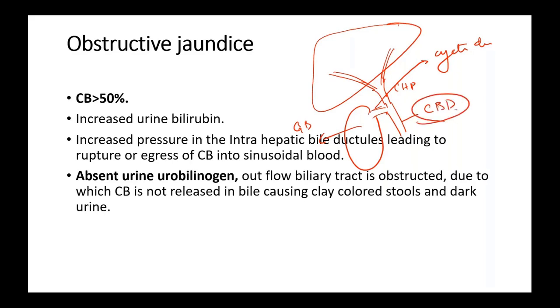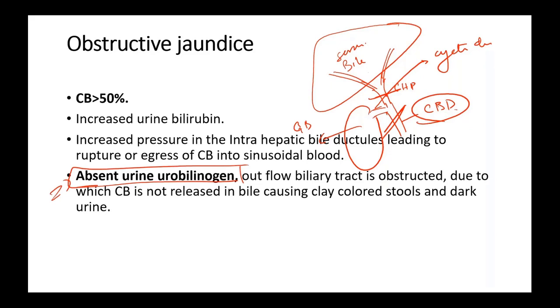So if there is an obstruction in the biliary tree, that will cause obstructive jaundice. That will result in increased pressure in the hepatic. So let's say there's obstruction here or obstruction here. The intrahepatic bile pressure will go high, and bile will go into the sinusoid, which is blood. So in that kind of situation, when there is obstruction, there will be absent urine urobilin.